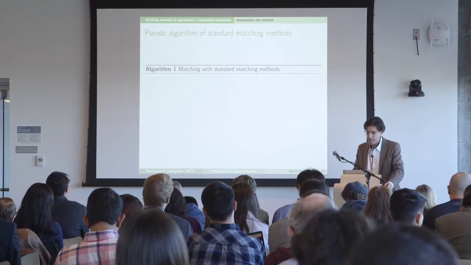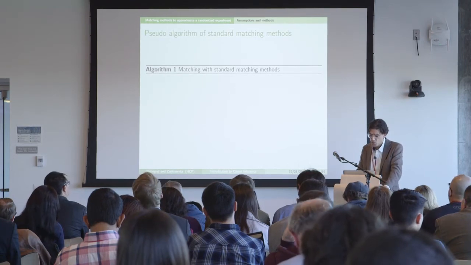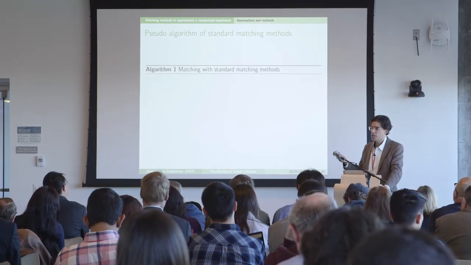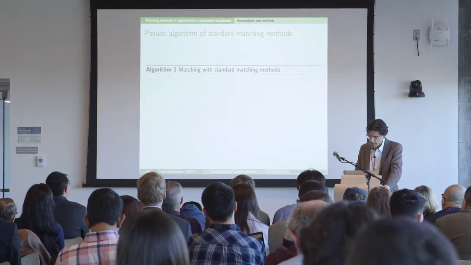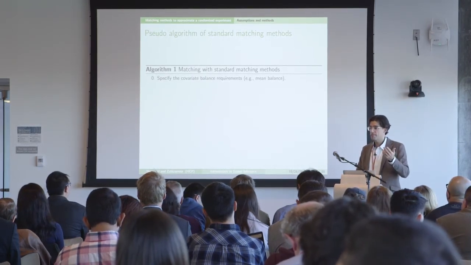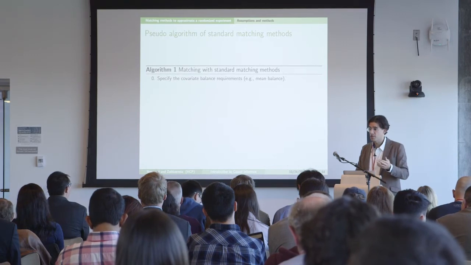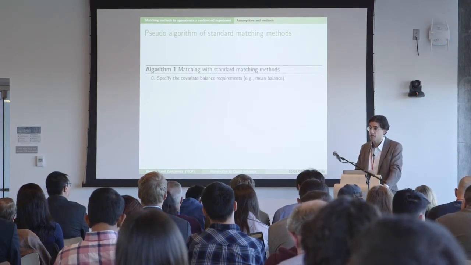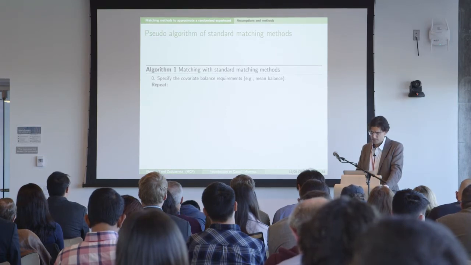What is this going to bias? Let me show you a pseudo algorithm with distance-driven methods for matching. The way we proceed in practice is first by specifying what constitutes good balance for us. For example, we want to balance the means of the covariates. What we do next is to repeat the following steps.